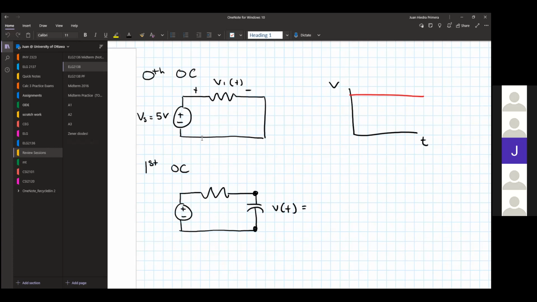If anyone ever tries to tell you you'll remember all of these by heart, they're lying to you, like an actual to your face lie. No one is going to remember all of this. Okay, it's 1 over C, times the integral from 0 to t of i(tau) with respect to tau.